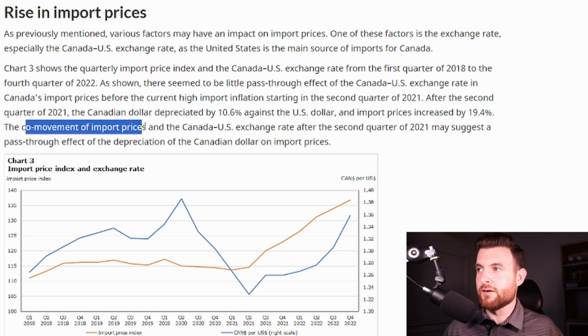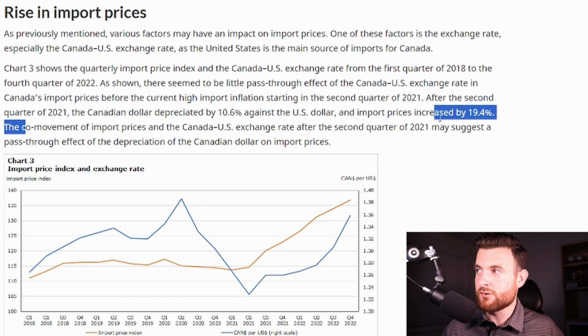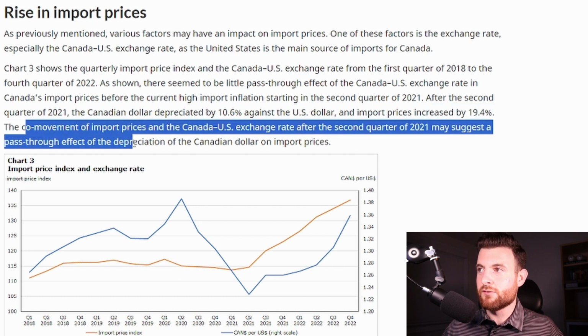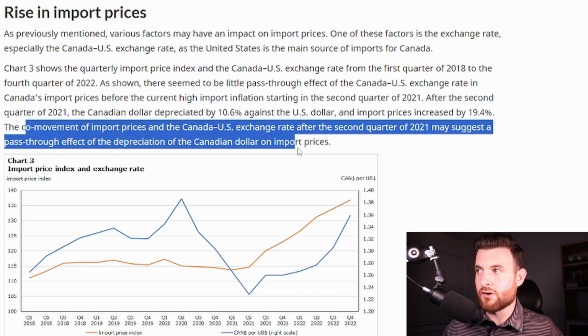This co-movement of import prices and the Canadian-US exchange rate after the second quarter may suggest a pass-through effect of depreciation of the Canadian dollar on import prices. So definitely a huge impact, not only to businesses here, but to the consumers who have to pay the higher prices for these companies to import those goods.